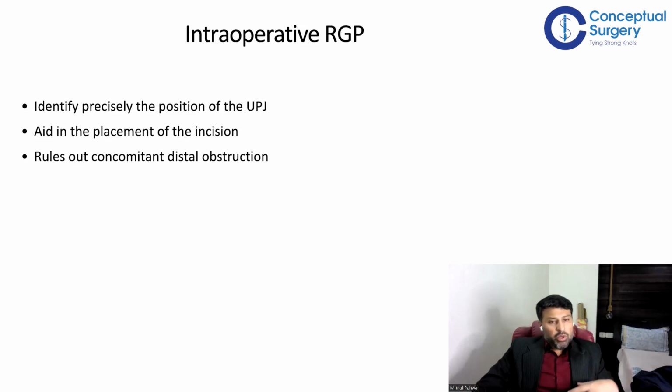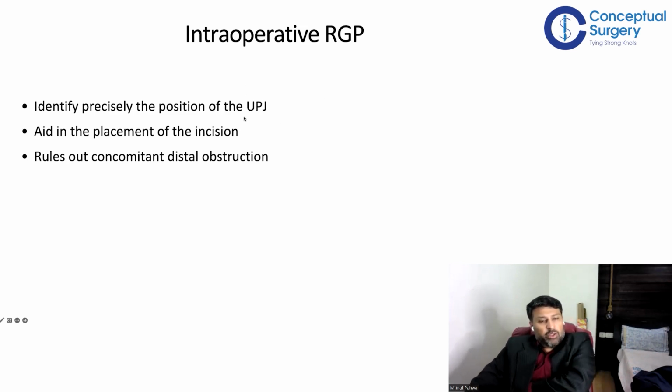The actual PUJ may be well into the pelvis of the patient. The patient may have such a dilated system that the PUJ has shifted downwards. So we need to be familiar with the position of the UPJ.